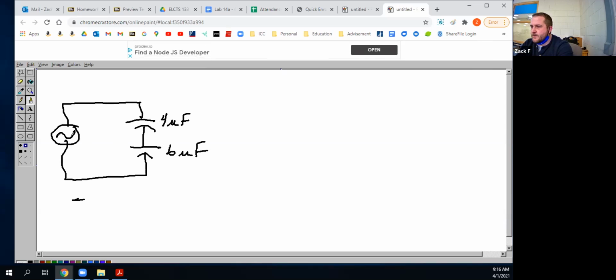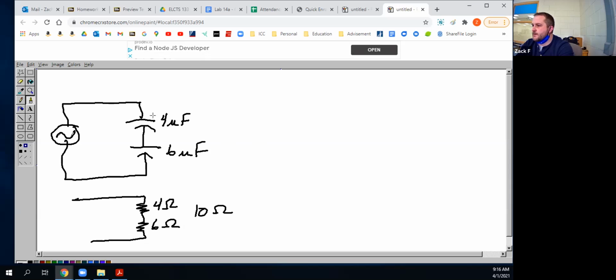If I had the same circuit, but these were resistors, so if this was 4 ohms and this was 6 ohms, what would the total resistance be? 10. Since these are capacitors, we have to do the product over sum formula, right? The same way we would do resistors in parallel.